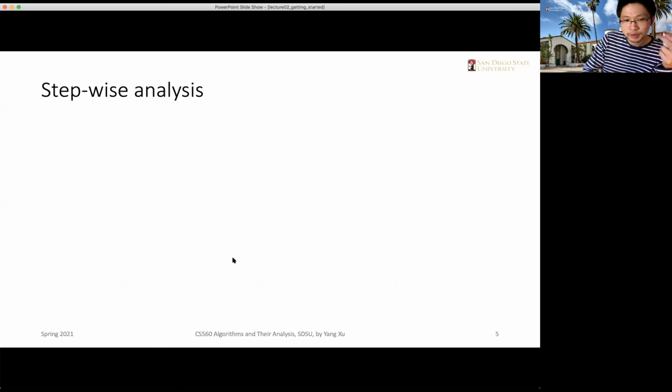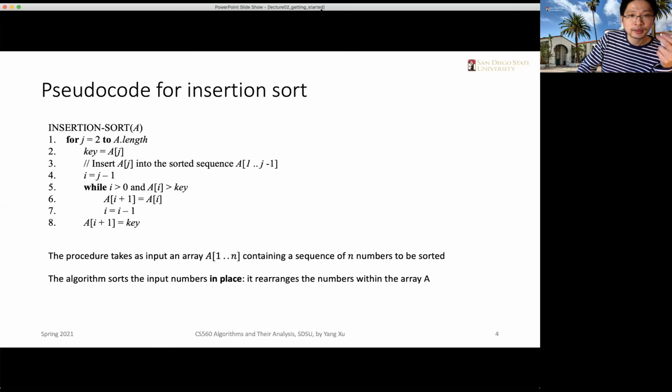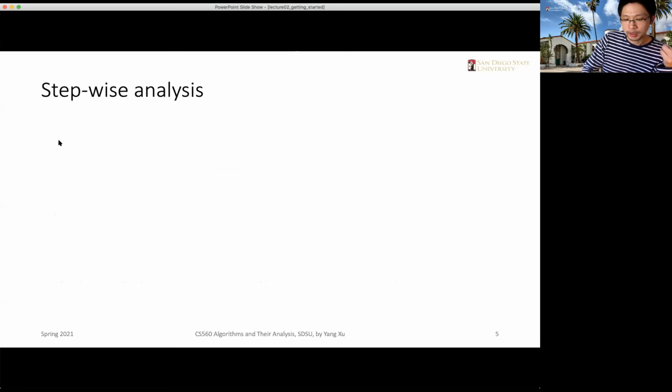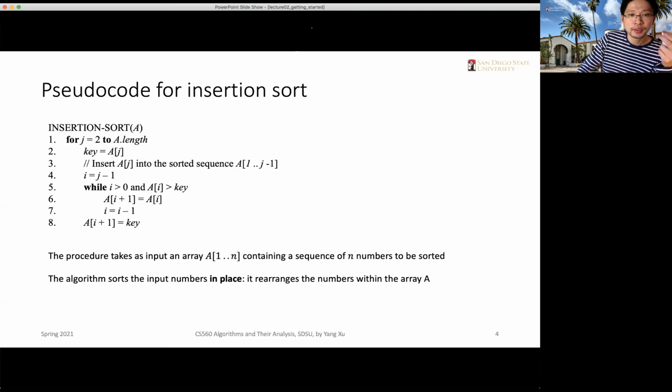It's an in-place algorithm that will change the values of elements within the input array A, so it doesn't need to return anything. There is no return statement. We don't need to return a new A.